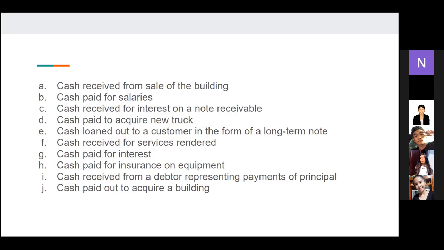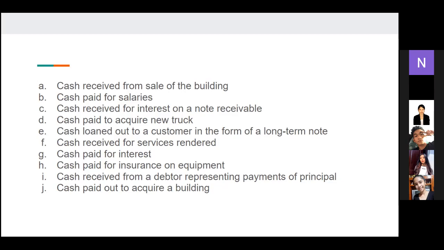Hindi ko sure, ate. Kung ano lang palagay mo. I think sa may FA siya. Interest does not receivable eh. Ang tinitignan natin siya is sa note receivable.